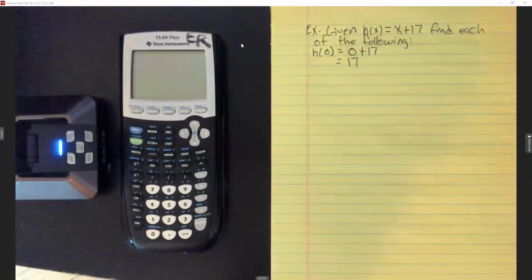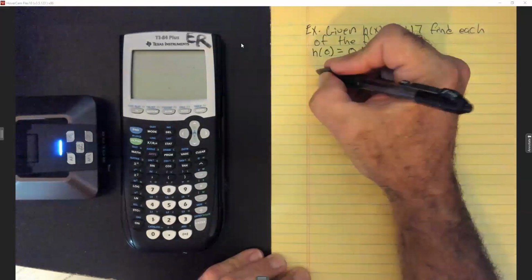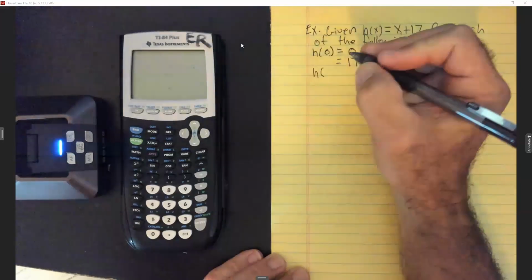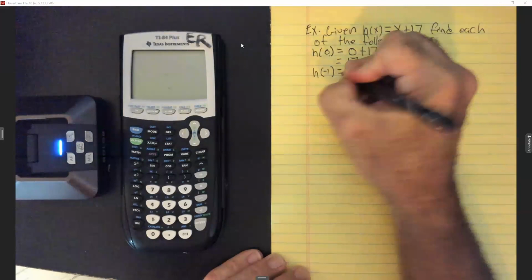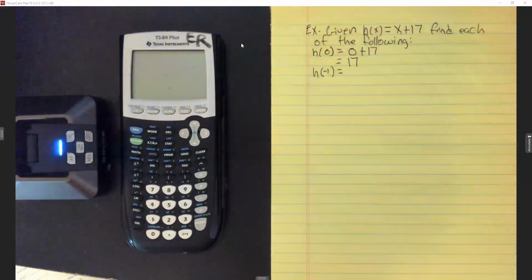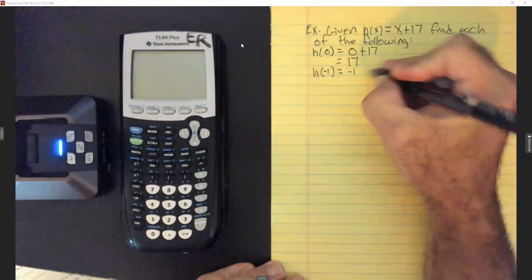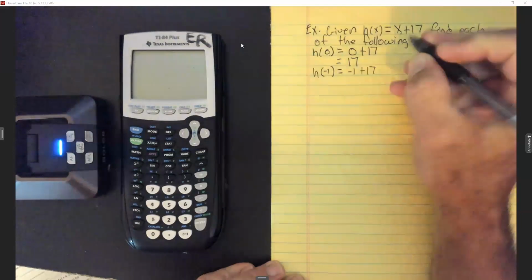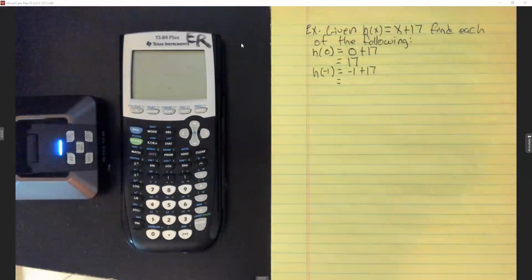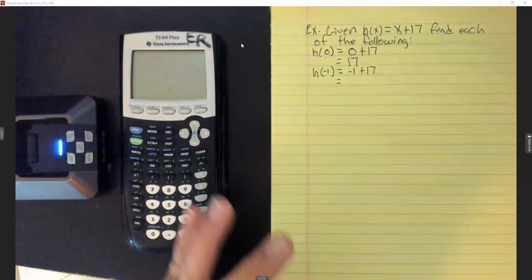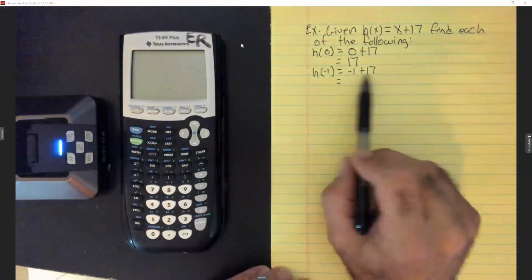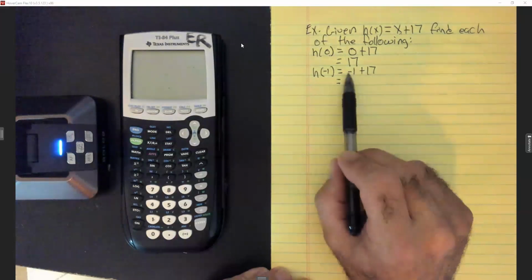Okay? Then they want us to find h of a negative 1. So what we're going to do, put a negative 1 in for the x, so we get a negative 1 plus 17. Now this is where I get a few of y'all on your signs. Remember, if you got unlike signs and you're adding, subtract the numbers and get the sign of the larger number.